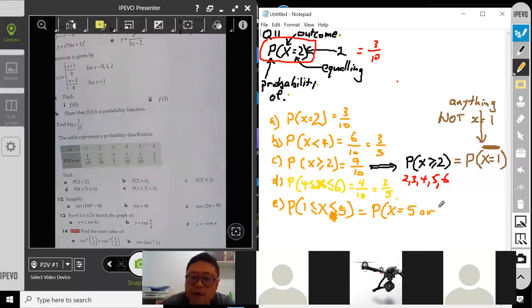You can either write 5 or 6, or you can go with what you wrote. I like the way you did it better because it's more mathematical. Greater than 4, with a bar over the top. And the answer is 7 over 10. Is that right? Yeah. Cool.